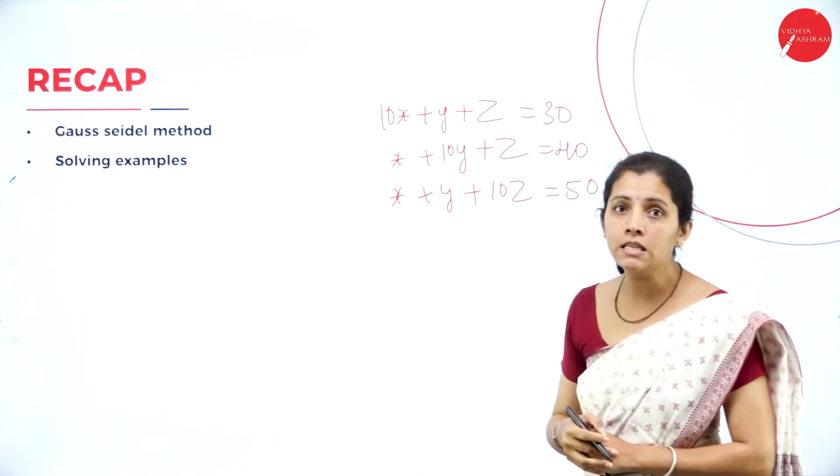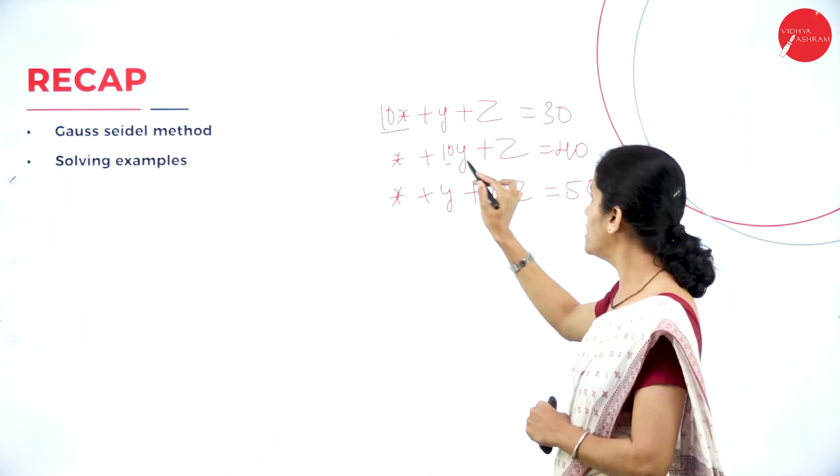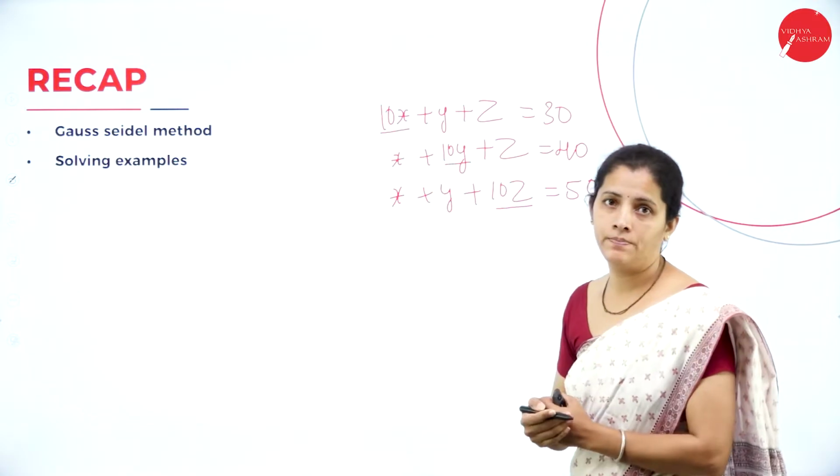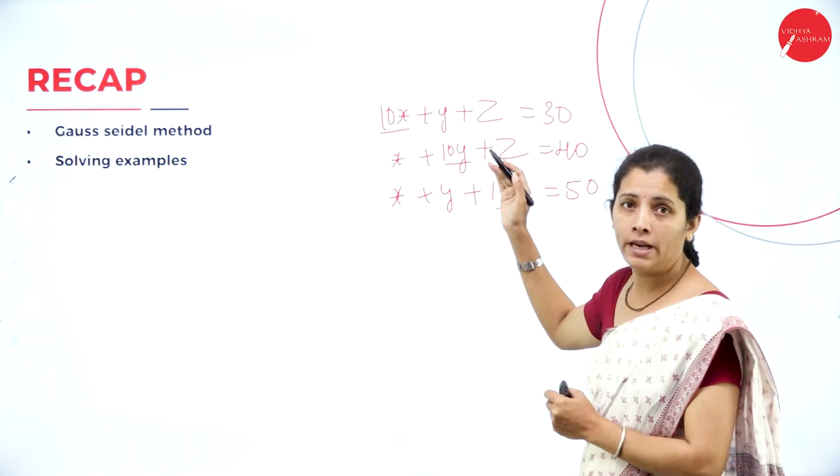Now, if I consider this equation, I have 10x, 10y and 10z. Okay, all these are diagonally dominated.